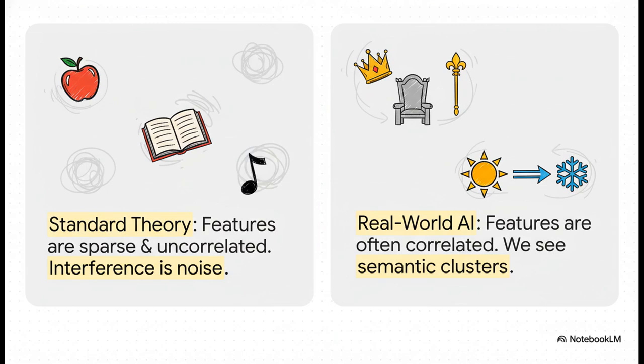Like the concept of an apple has nothing to do with the concept of liberty, right? But on the other hand, in the real world, these models are chock full of features that are obviously related, like king and queen or hot and cold. You get the idea. And instead of seeing random noise, we were seeing these beautiful, highly organized patterns. Concepts were clustering together in ways that made perfect sense, even forming these weirdly elegant cyclical shapes.